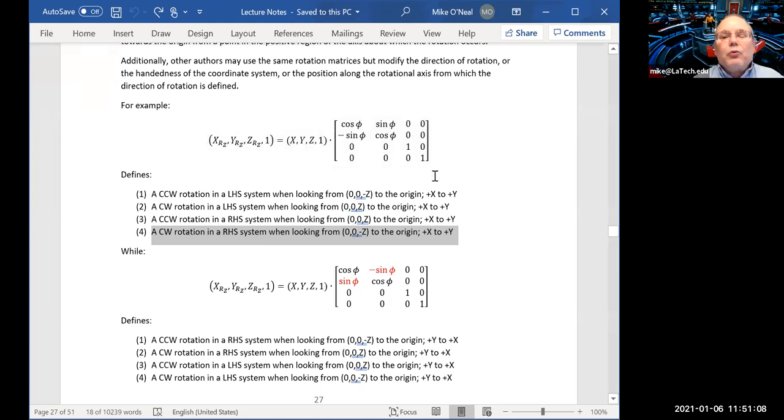And I don't want you to get hung up. Really what's happening is things are moving. If you put a point on plus x, so 1, 0, 0, 1 in x, it will become, with this matrix, 0, 1, 0. You've moved from plus x to plus y. That's what it does, okay?